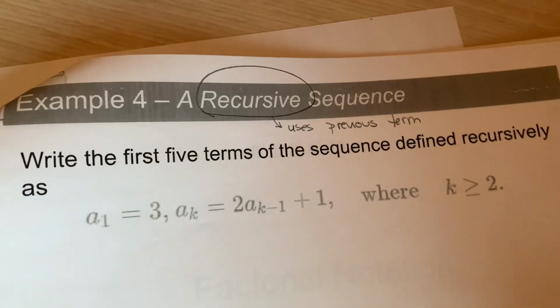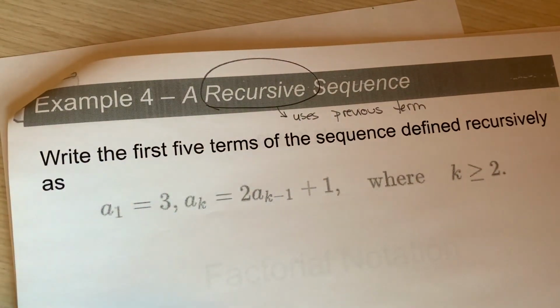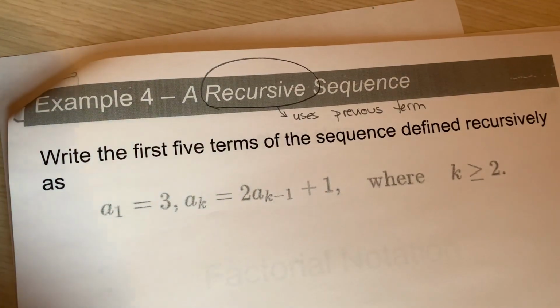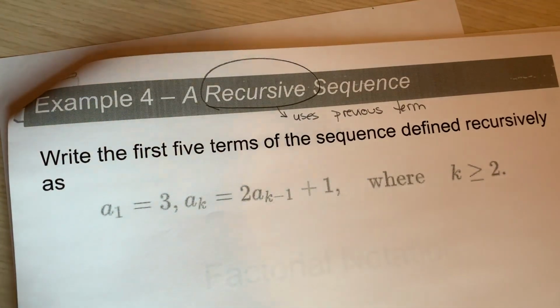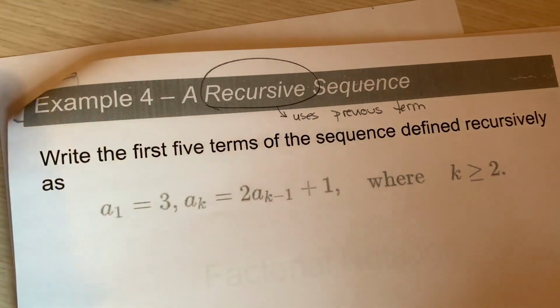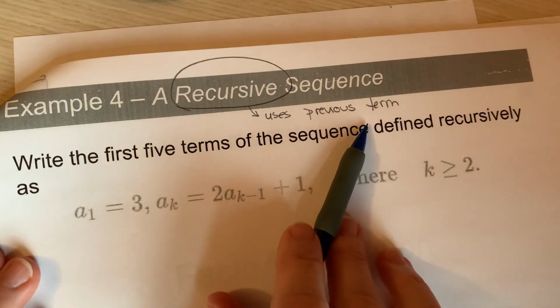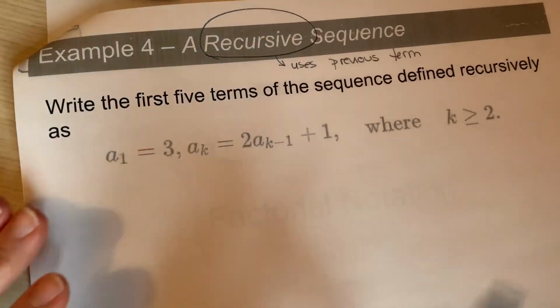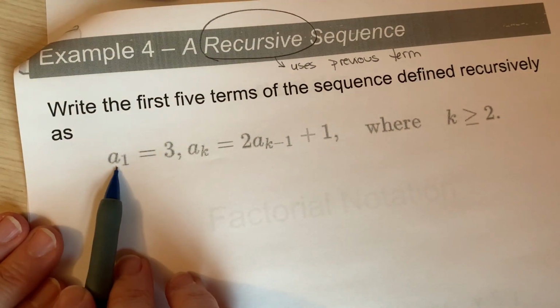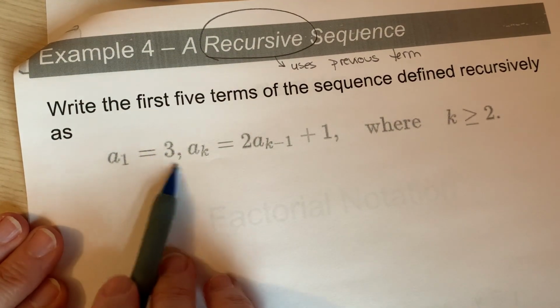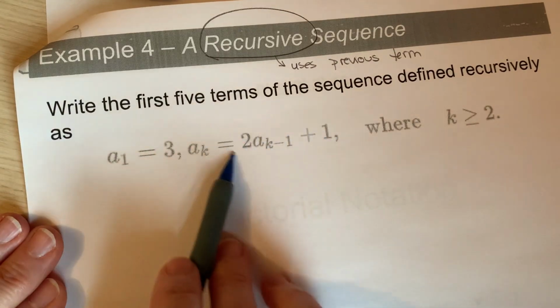And example 4 is what we call a recursive formula. So a recursive formula means that when you're writing the equation or the expression that represents the sequence, it's using the term before it. So recursive means uses previous term. So you'll notice they give you the first term, a sub 1 equals 3. And then they give you a general term.